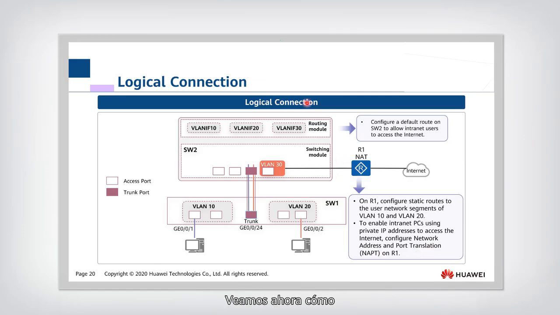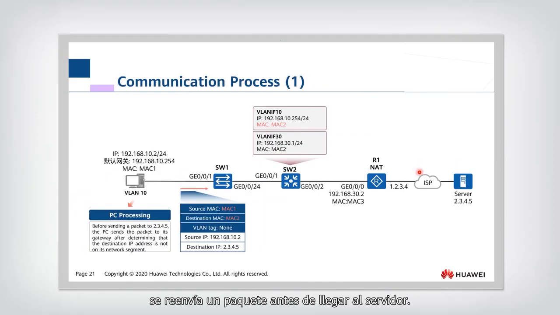Now let's look at how a packet is forwarded until it arrives at the server. First, this PC should send a packet to 2.3.4.5. But before they send this packet, they should send the packet to the gateway, after determining that the destination IP address is not on its network segment.